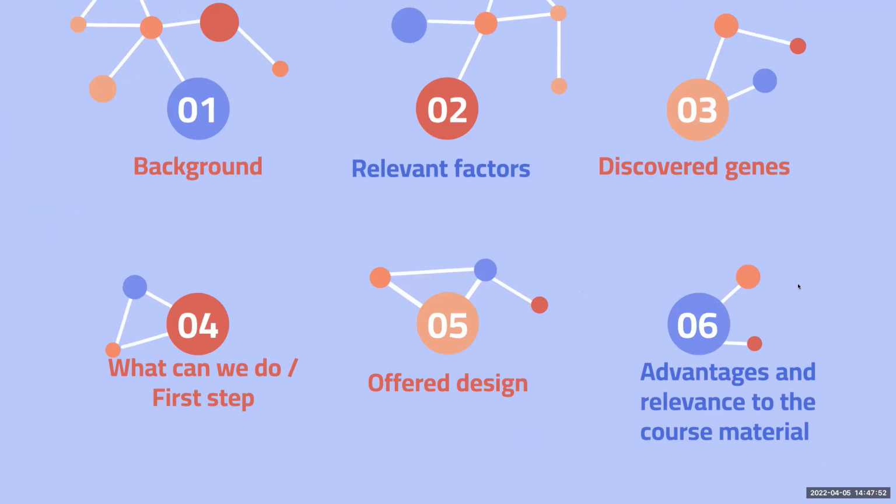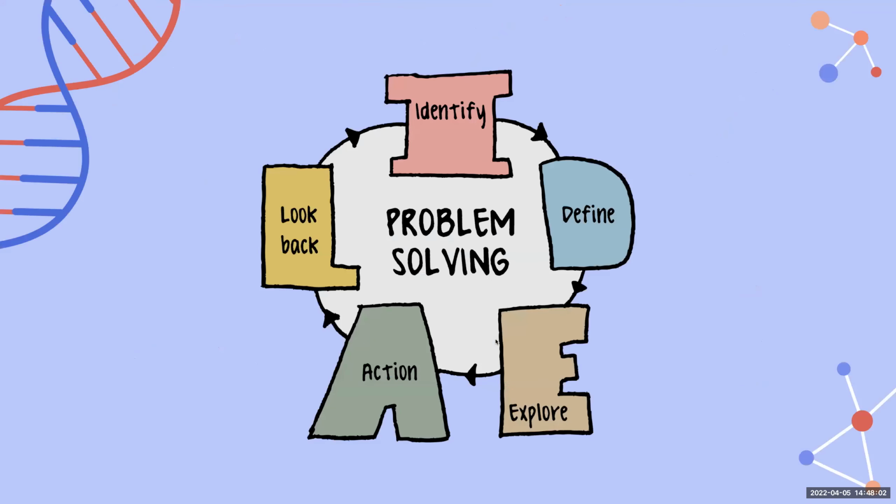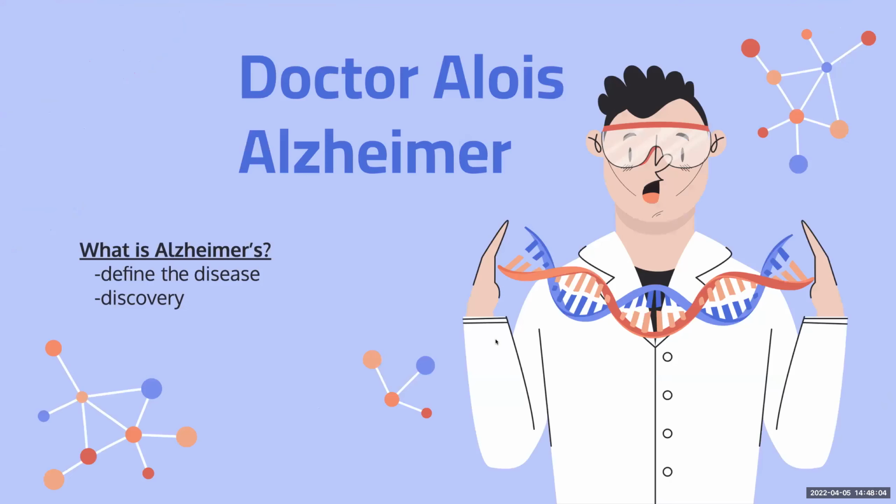In the background, I'm just going to define the disease, which is a brain disorder that slowly destroys memory and thinking skills, and it eventually takes the ability to do the easiest tasks away.